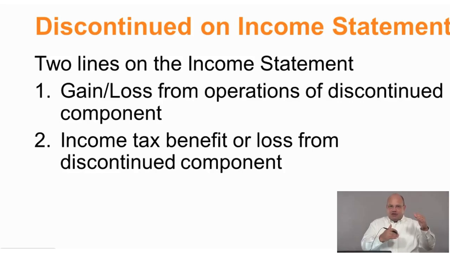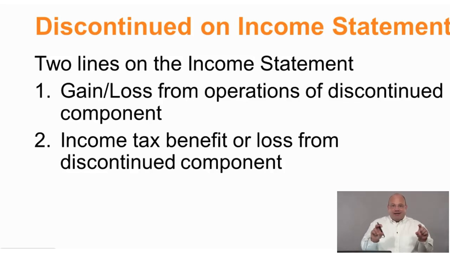So if the company had continuing operations that are very profitable, and a discontinued operation that was losing money, well, that loss from the discontinued operation is a tax benefit because it's reducing the taxes that the company has to pay on all of its profit from those divisions that were profitable.